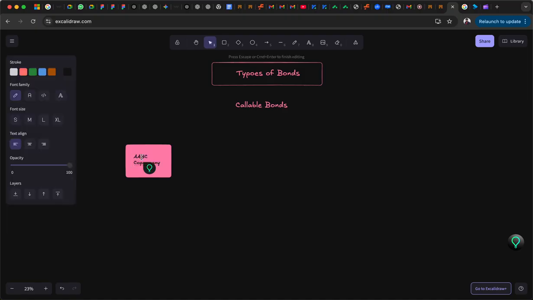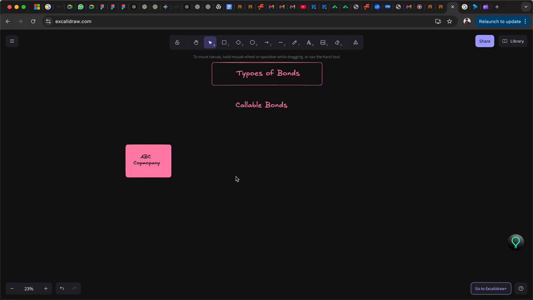If you understand callable, then the same example works vice versa for putable bonds. And then afterwards we'll close the conversation on types of bonds. There are two other terms as well that I want to explain, along with maybe examples that we can cover.